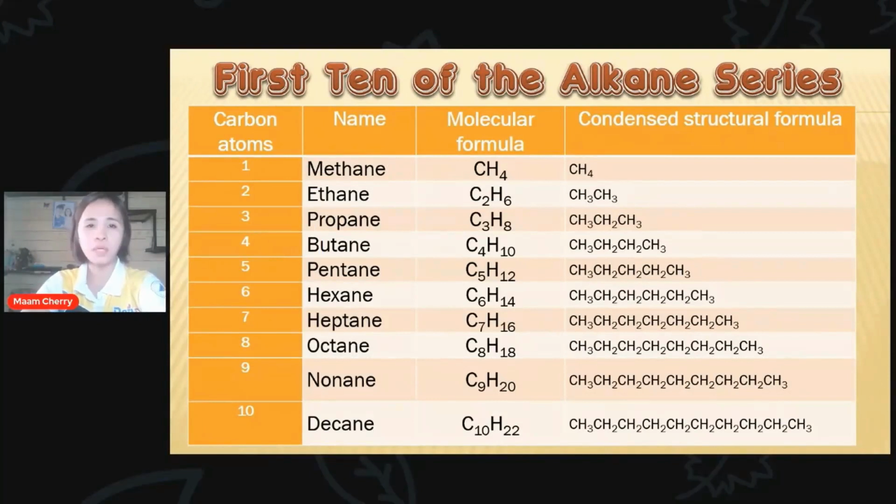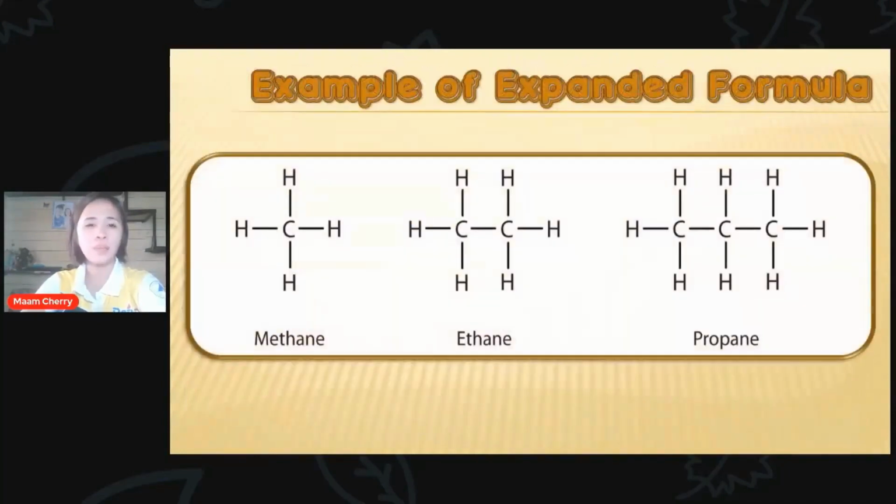Tapos, hinati lang din yung sa tatlo, tatatlo yung hydrogen. Yun po yung condensed structural formula. Pag sinabi naman nating expanded, pinag-expand lang, para makita yung bonding ng hydrogen to carbon. Sa methane, CH4, kung bibilangin natin, may 4 na hydrogen, isa lang yung carbon. 1, 2, 3, 4.